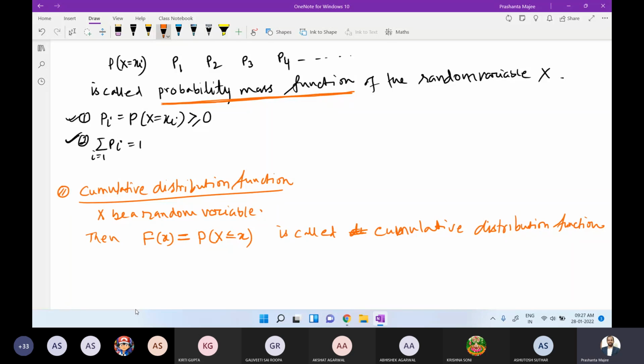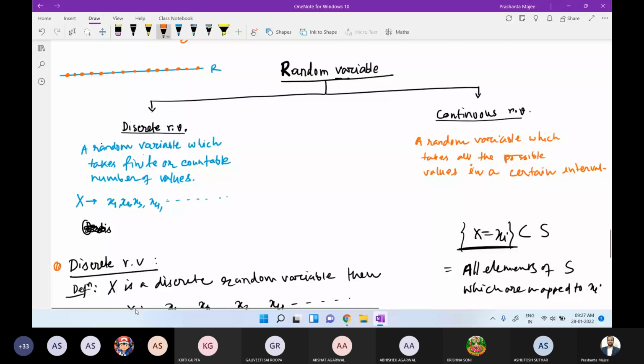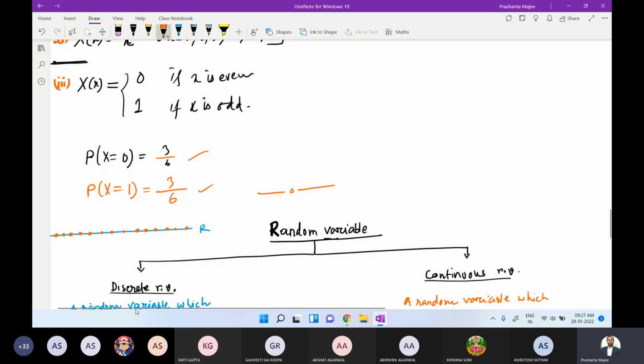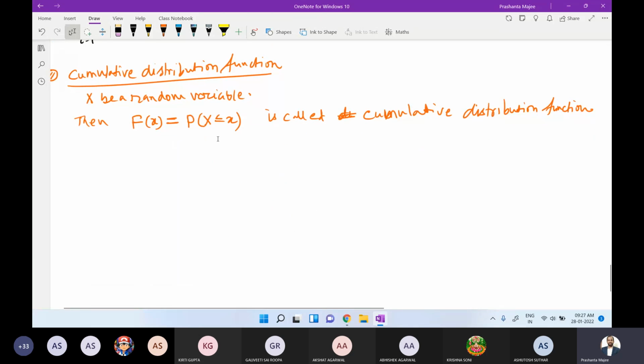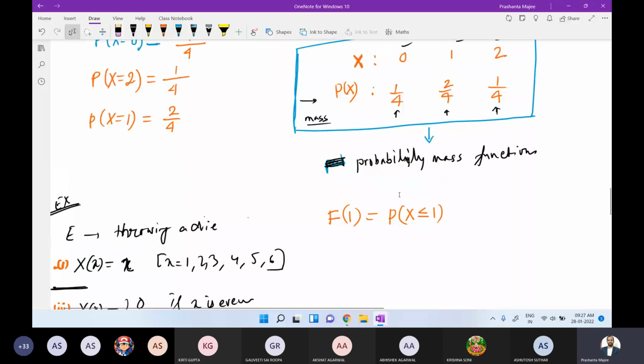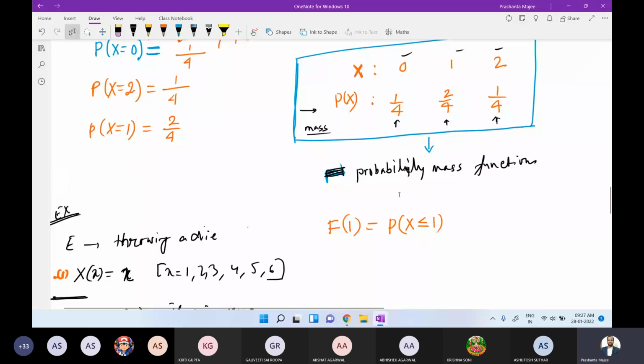If I ask you in this particular example what will be F of 1, by definition this is the probability that the random variable X takes values less than or equal to 1. You see, F of x is the probability of capital X less than or equal to small x. So F of 1 is equal to the probability of capital X less than or equal to 1.